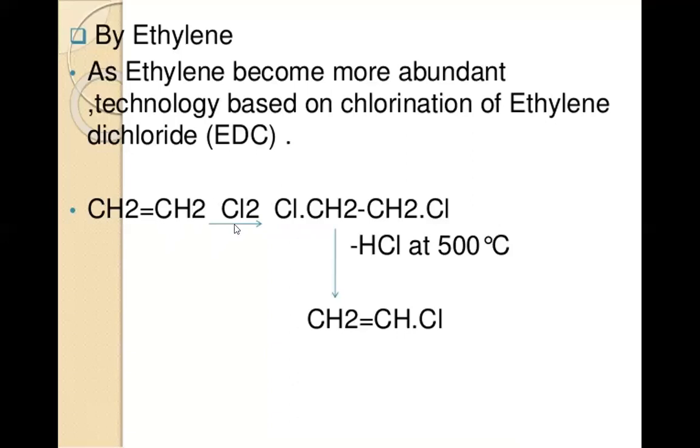Two chlorine free radicals will be formed, and these will be distributed uniformly to the two carbons and form this intermediate product, which on further heating at a temperature of 500 degrees centigrade removes HCl. This reaction is known as dehydrohalogenation.